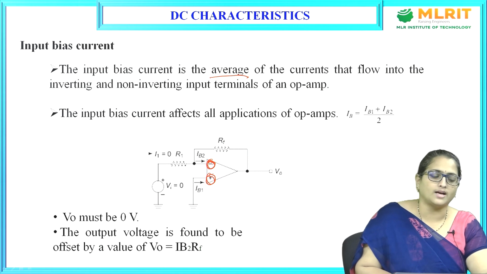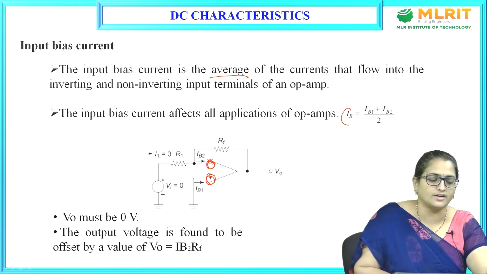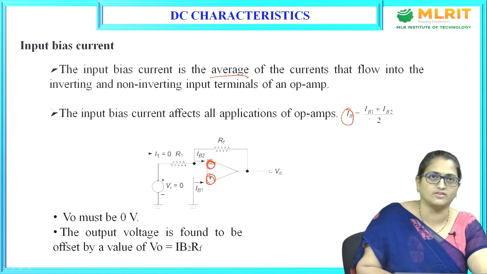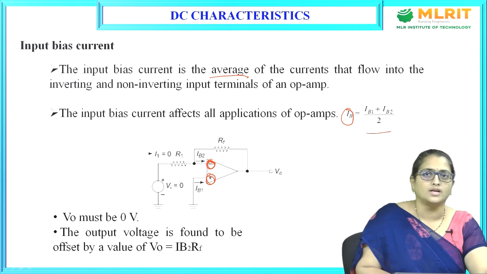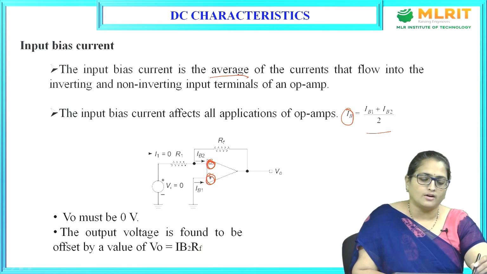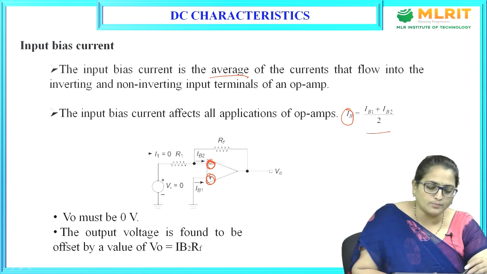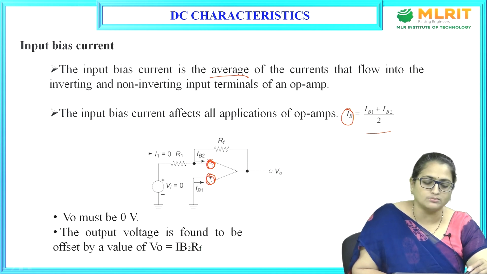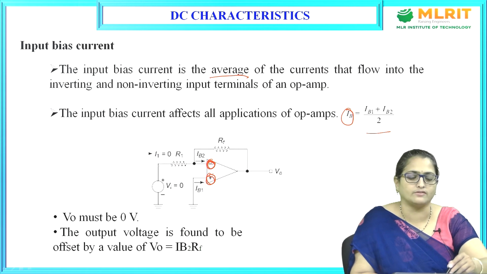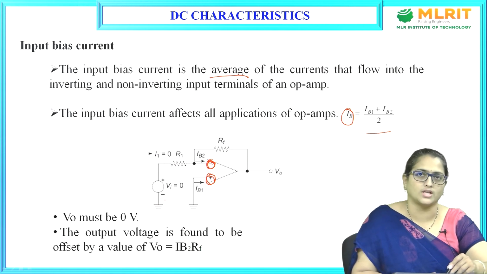So, input bias current IB is given as the average of IB1 and IB2, that is, IB1 plus IB2 divided by 2. In the circuit, the non-inverting terminal is directly connected to the ground and the inverting terminal is connected to the resistor, which is connected to the input voltage Vi.